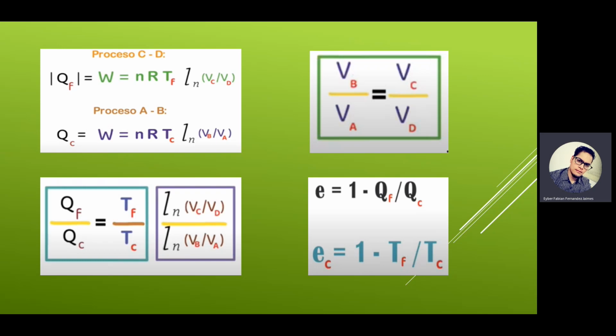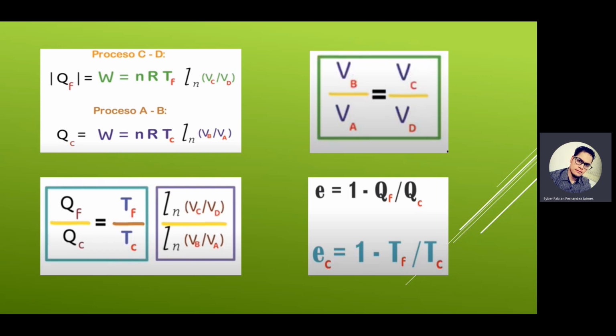In the process C to D, the temperature is TF, and in the process A to B, the temperature is TC, considering here the absolute value of these heats.